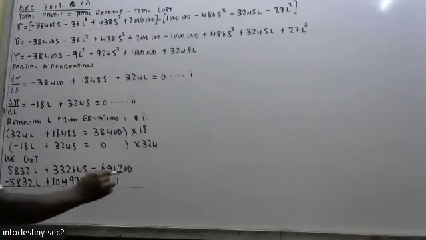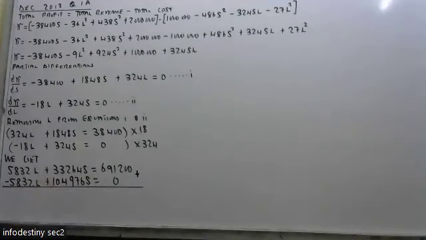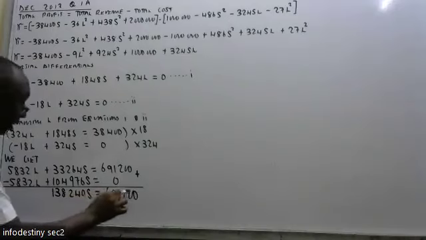So if you add this plus this, we get 138240S is equal to 691,200.